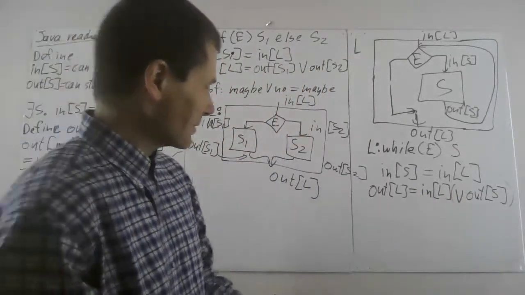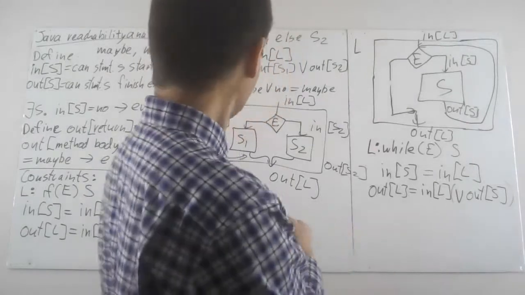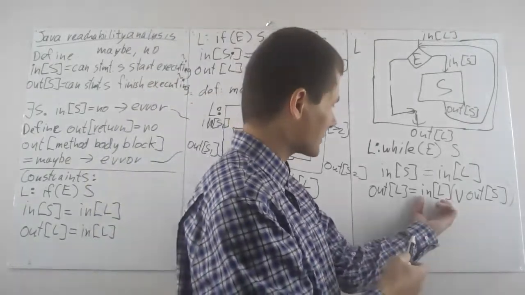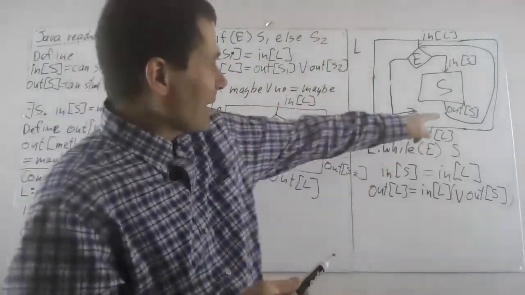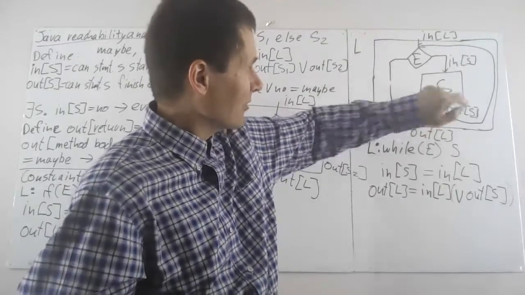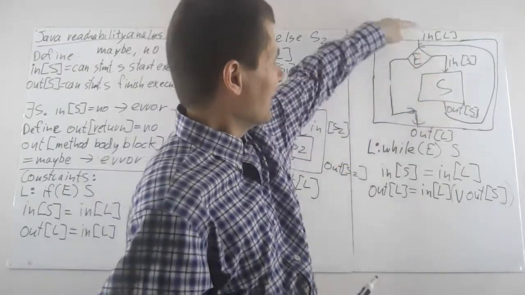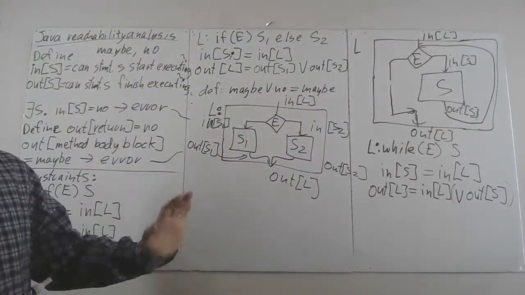So when would that happen? If in of L was no and out of S was maybe, and that can't happen, right? You're not going to be able to reach the end of the body of the loop if you haven't been able to reach the loop at all in the first place. All right.